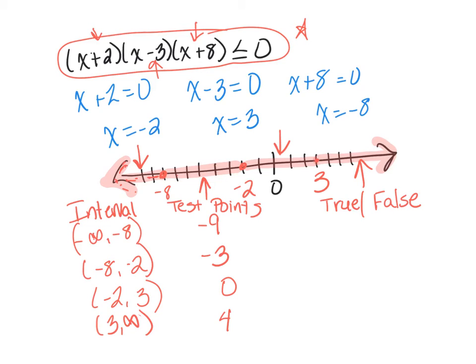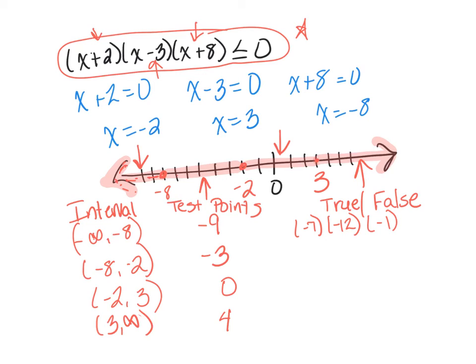So I'm doing the test point for negative 9. Negative 9 plus 2 is negative 7. Negative 9 minus 3 is negative 12. Negative 9 plus positive 8 is negative 1. Now look at this. All I need to know is the sign, because we're talking about less than or equal to 0.